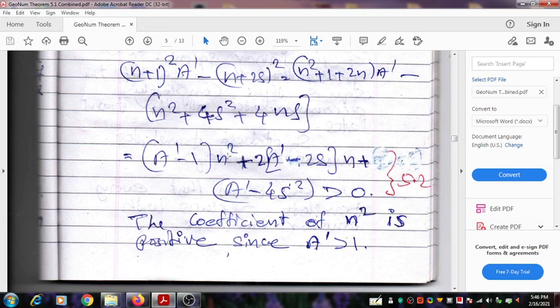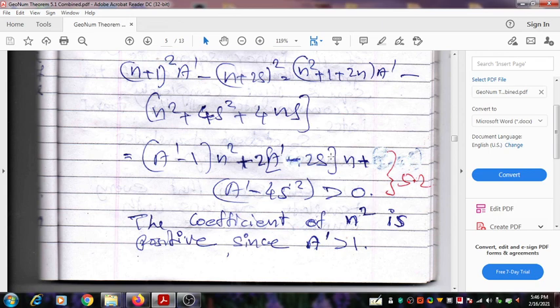The second term is 2 into a prime minus 2s into n, which can be positive or negative depending upon the values of a prime and s.